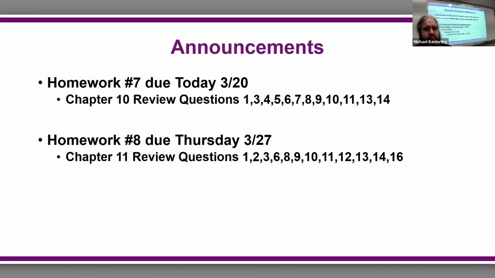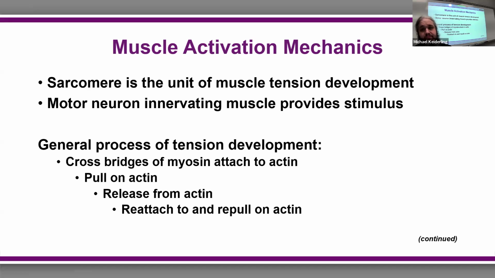I'll do a little bit more. So let's talk about how muscles activate. The basic unit of muscle tension development is the sarcomere, and it is stimulated by a motor neuron.